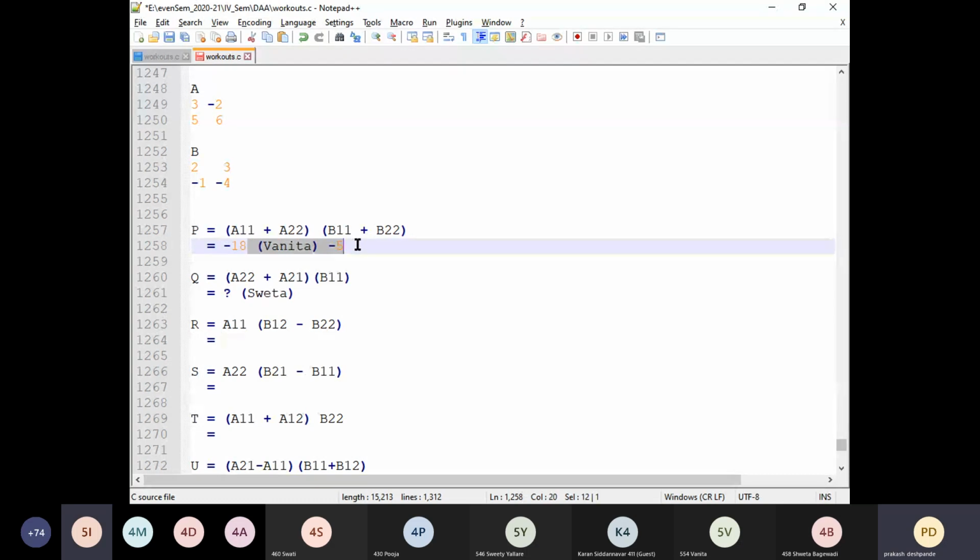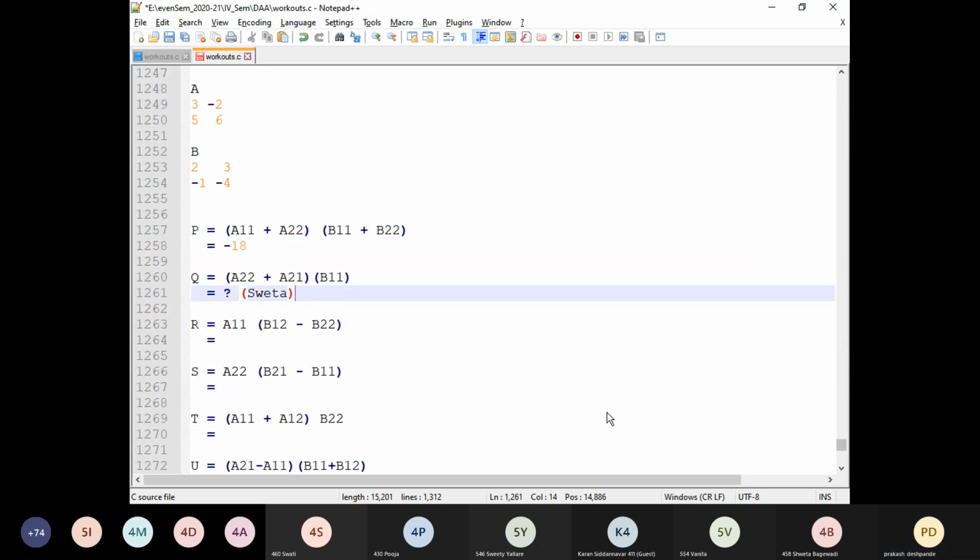Yes, sir, it's visible. Shweta Bongale, what is the value of Q? Sir, 22. Is that correct, students? Yes, sir.